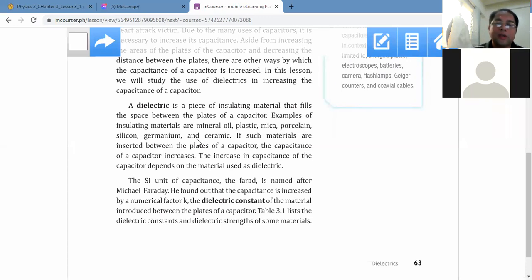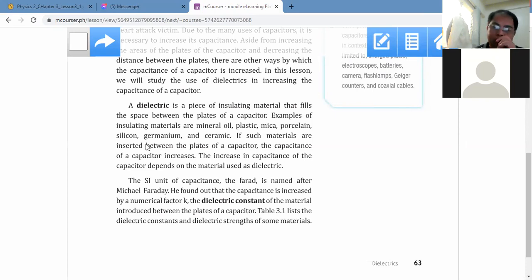Examples of these insulating materials are mineral oil, plastic, mica, porcelain, and many other insulators, or sometimes metalloids that you can put in.